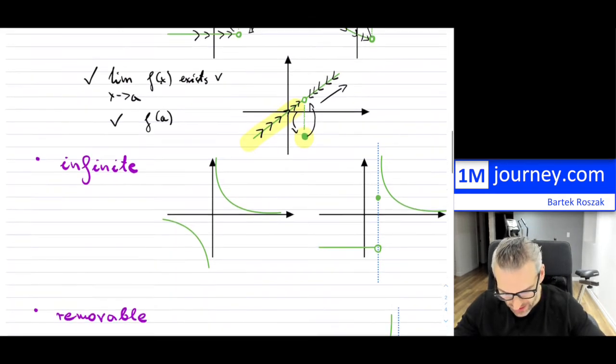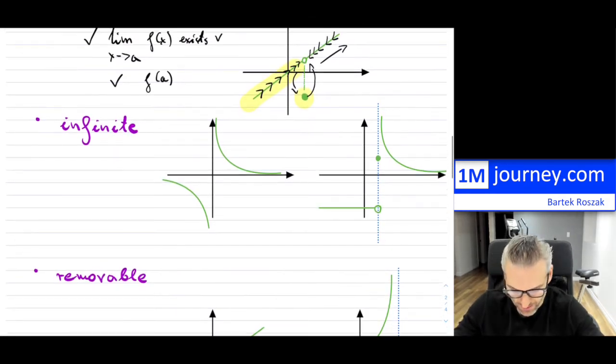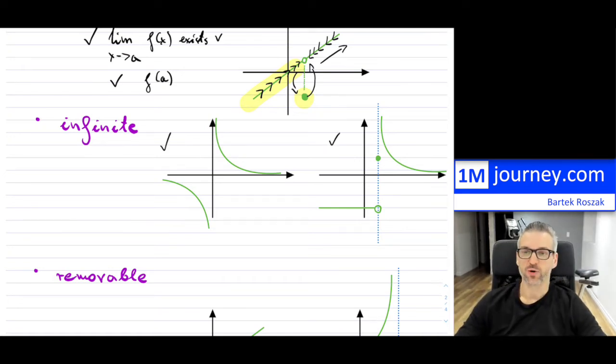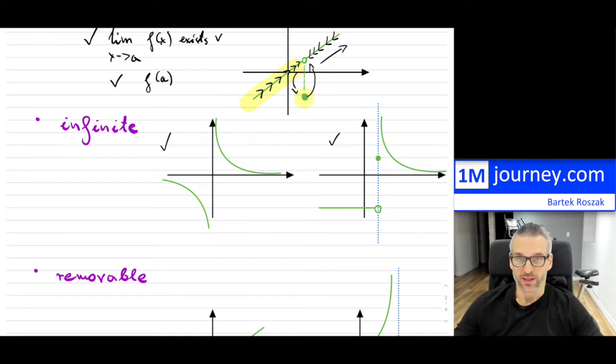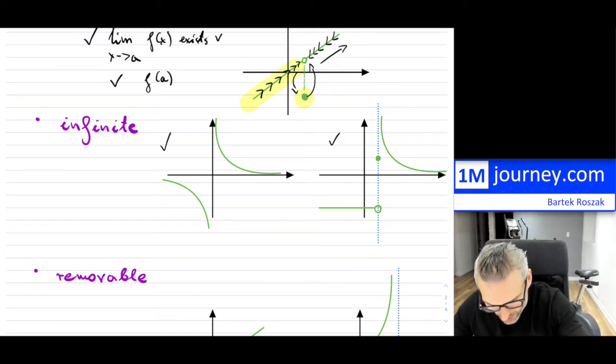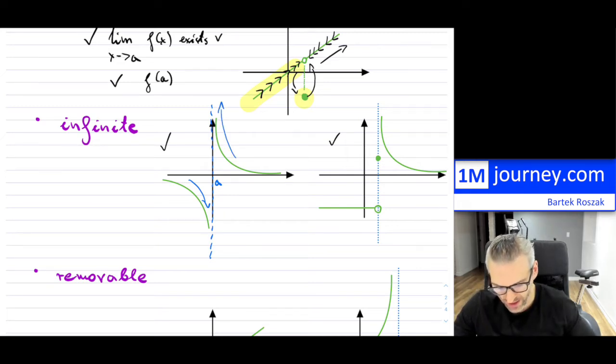And an infinite discontinuity, so here's a couple of examples, this one and this one, for instance. So what happens here? Here, for instance, we have our A, I guess it would have been at 0. You can kind of trace this back and up, so it looks like this is blowing up on the infinite side here, and then this is going to be going up and blowing up in this direction.